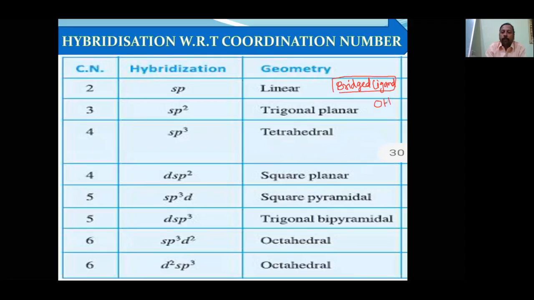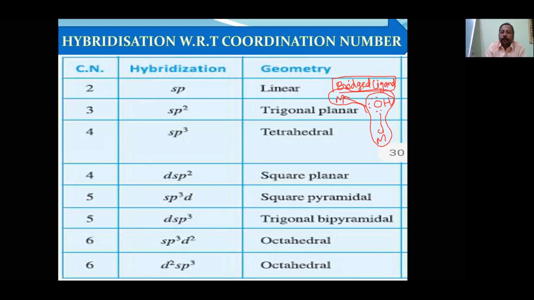Actually, they have only one donor site. Let us take OH minus. The donor site is one, but it can donate two lone pairs to two central metal ions. If only one metal is approaching, then it will be unidentate. If two metals are approaching, then it will be bidentate. Such ligands which can change their denticity depending on the number of metal ions are called bridge ligands.